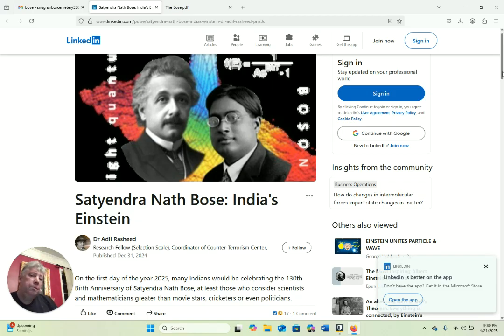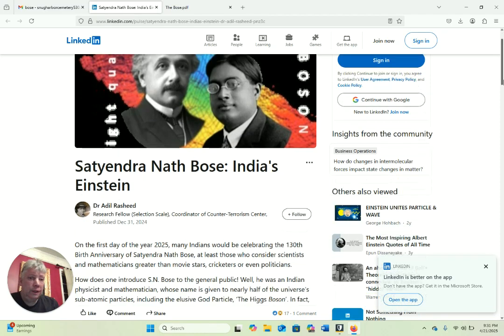Now, that word Bose may sound familiar because we have fermions and bosons. The bosons are named after him. He's considered India's Einstein.